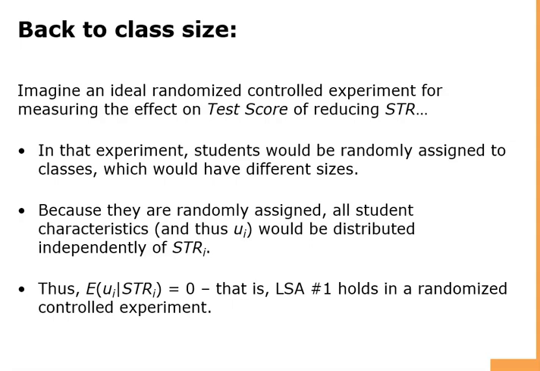Bringing us back to the first assumption of OLS, which says the covariance between student-teacher ratio and U should be equal to 0, and in a randomized controlled experiment, that will always be the case, because all the other student characteristics are assigned randomly.